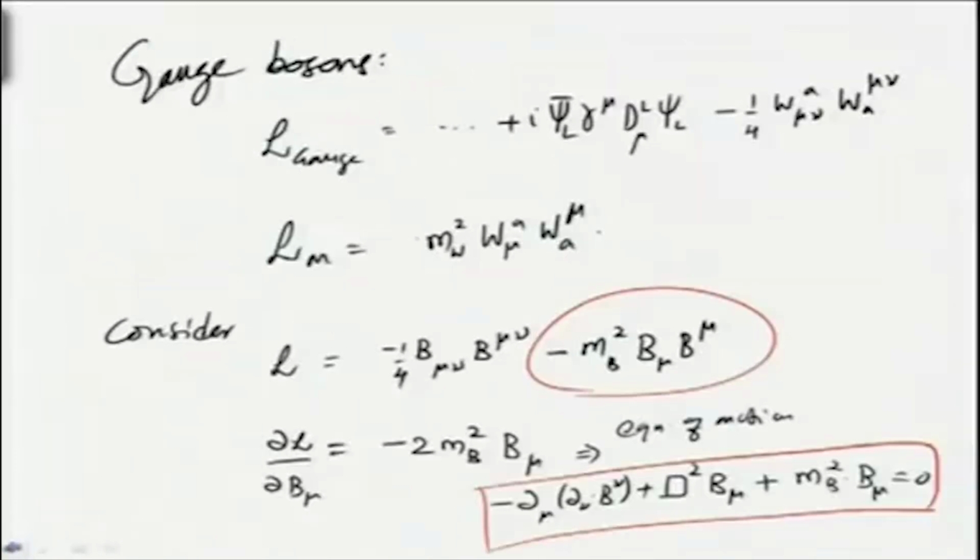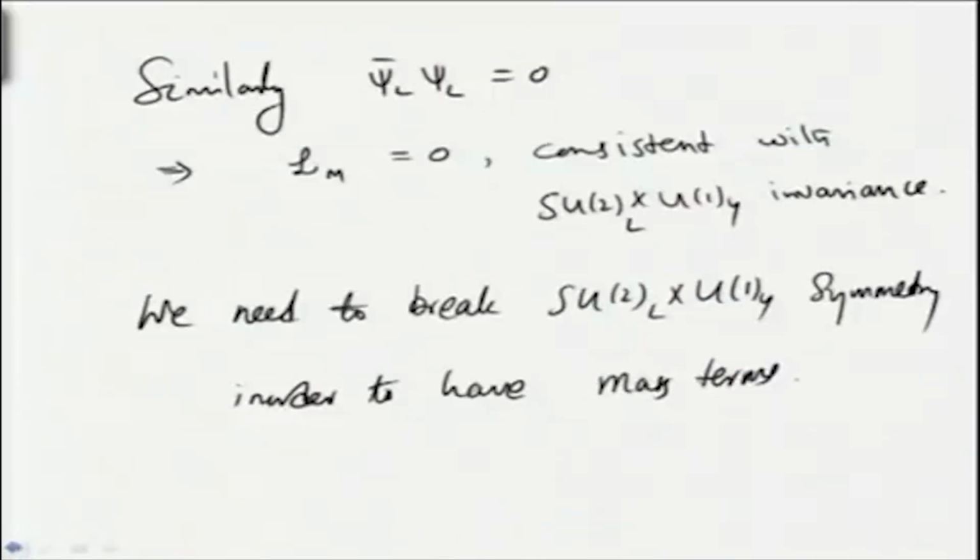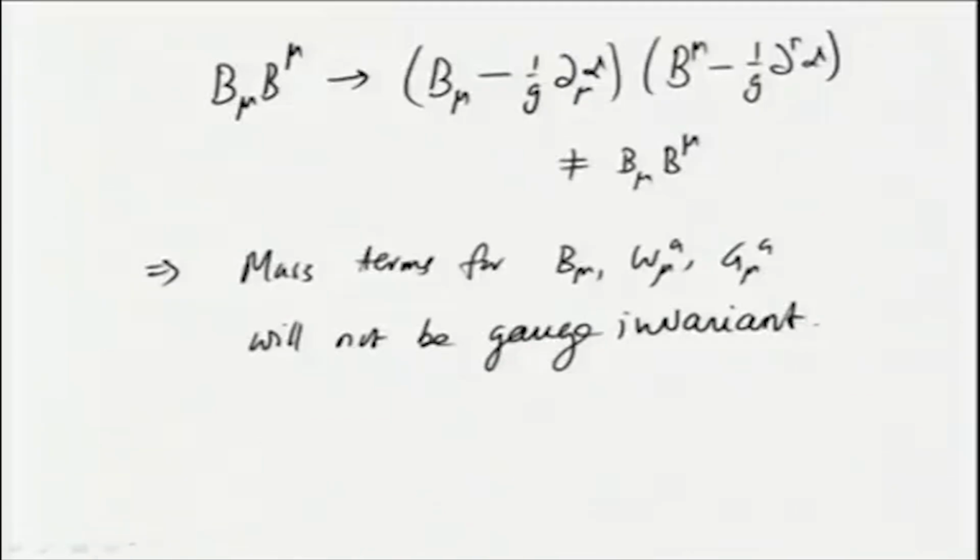So, there are two issues. One is to generate the fermion or normal particle masses. The other is to introduce masses for the gauge bosons. We will see later on why we should have the gauge boson mass.